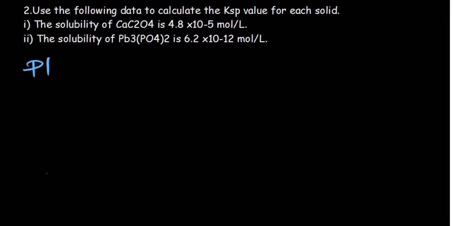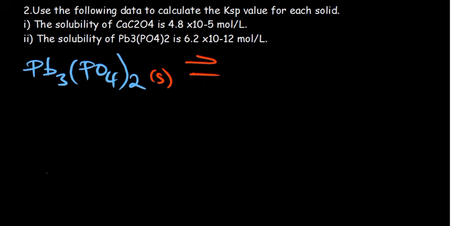So Pb3(PO4)2 in solid state. So what do we expect to be our expression? So we have a 2 there. So the 2 is going to go on the phosphate, and then the 3 is going to go on the other side.